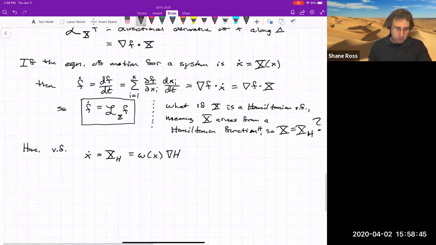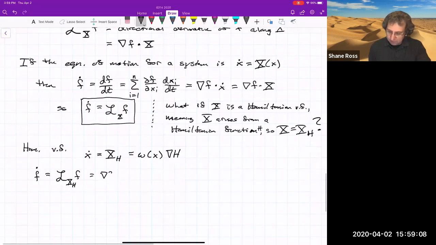Okay, so then getting back to F dot, this would be the Lie derivative of F along the vector field X of H. And what's another way to write that? Gradient F dotted with X dot.